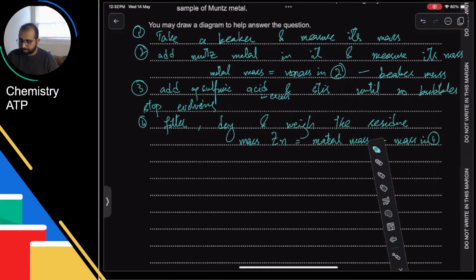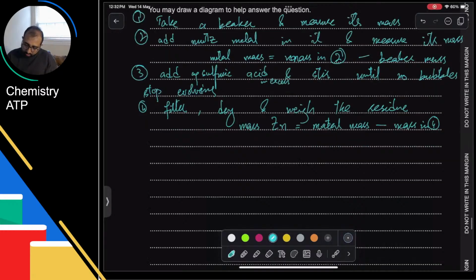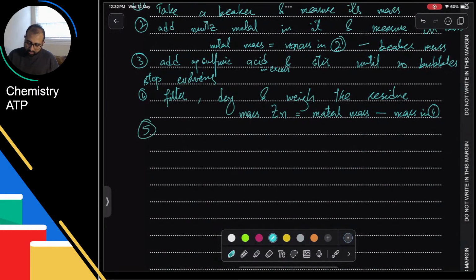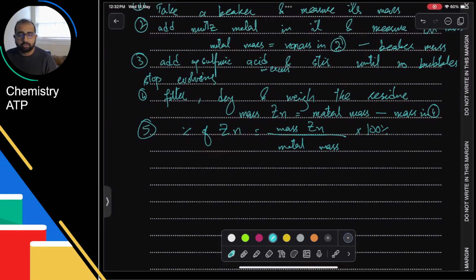Again, you can call it copper mass or whatever you want to call it. Okay, number 5, percentage of zinc is gonna be mass of zinc divided by metal mass into 100%, and I'm good. That's what I needed to figure out. Again, I've added a little more detail than was required, but I think it's all good.